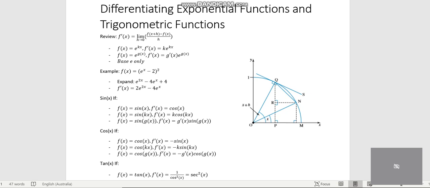If you take the gradients into account between the turning points, you can work out why the derivative of cos of x is minus sine of x. Same thing with cos of kx: it's minus k sine kx. And for cos of g of x, f dash of x is negative g dash of x sine gx.